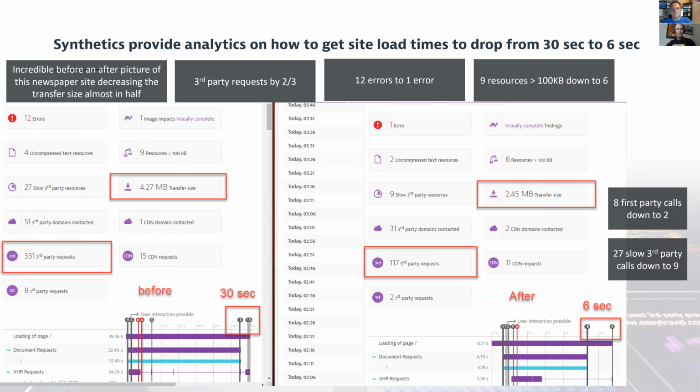But now what we're starting to see is a lot more of the delivery pipelines where people are using synthetics for API testing. And not only are they using it for their API testing, but then they turn around and fail builds if an API doesn't return in a certain period of time. So they're using it for functional testing, but they're also using it for performance testing. So it's interesting how that's become completely automated.